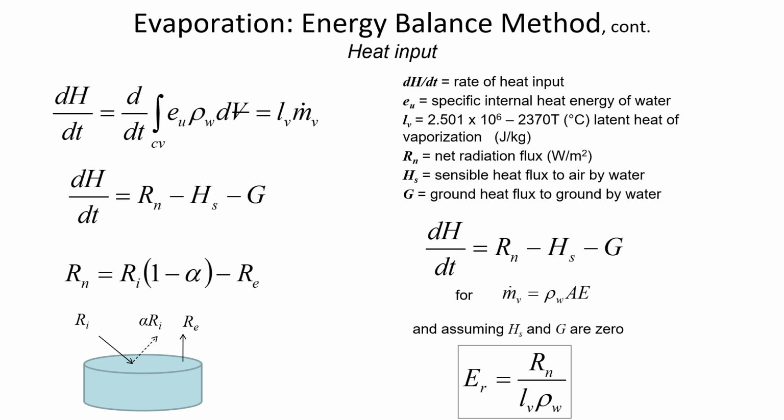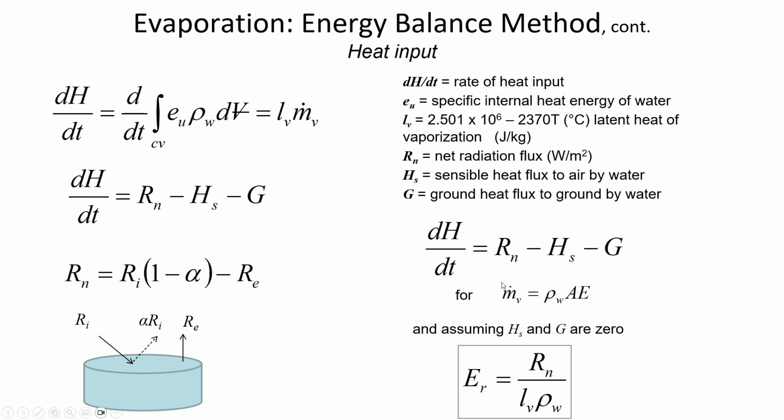All right, so what it's saying is that we want to keep track of how much heat is flowing into a certain quantity of water. The energy balance method assumes that the rate of heat input is related to the rate of evaporation.